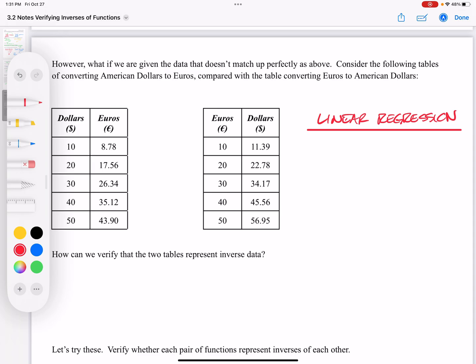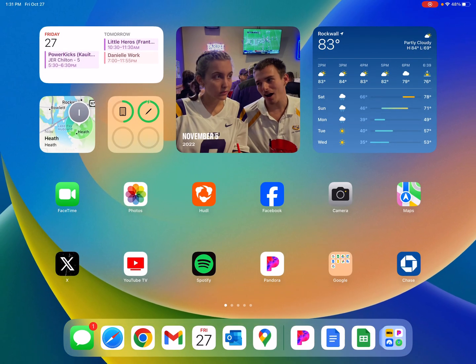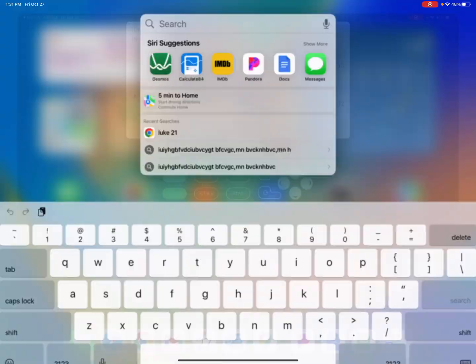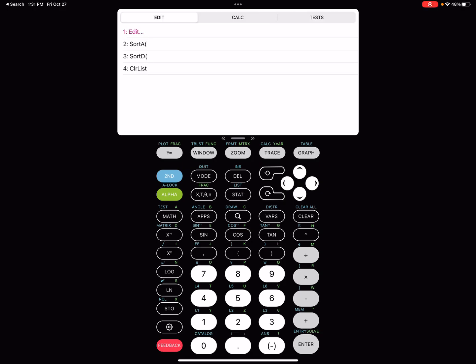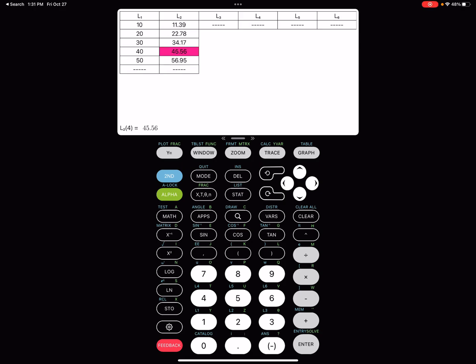So let's move over to our calculator, switching apps, and where is it? There it is. So I'm going to go stat edit, and I need the data in euros. So it's 8.78 and 17.56 and 26.34 and 35.12 and 43.90.